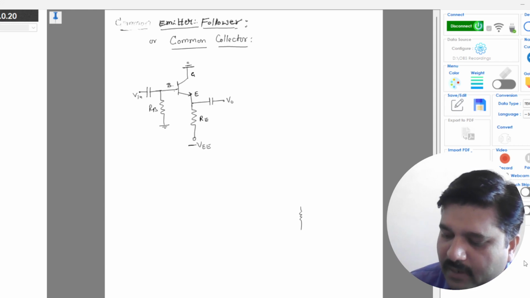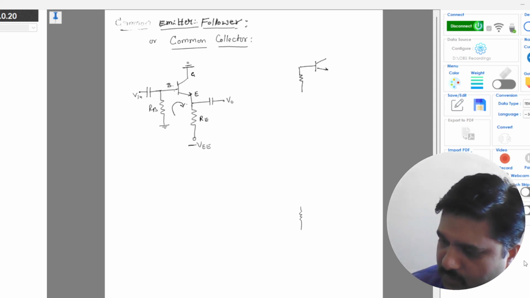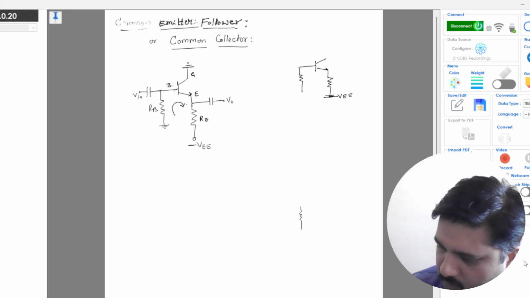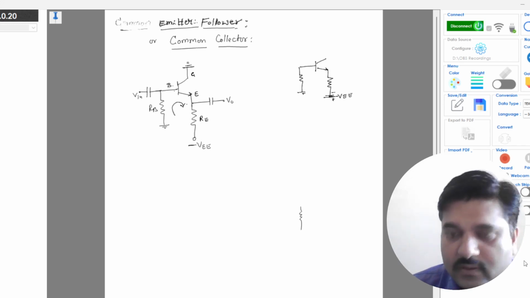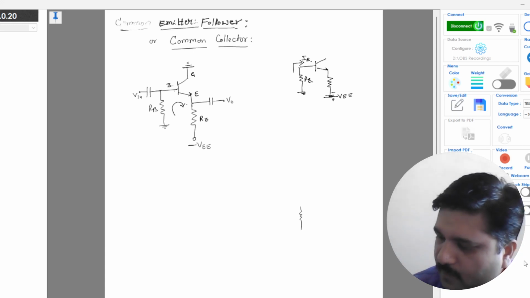So if we apply KVL for this circuit in this loop, I will redraw this circuit for applying KVL. So this is negative voltage, this is plus, this is ground, this is RB, and this is the direction of IB, right?